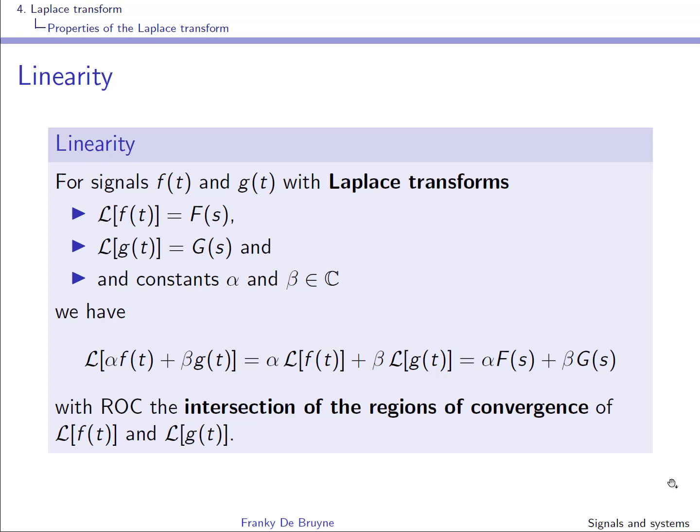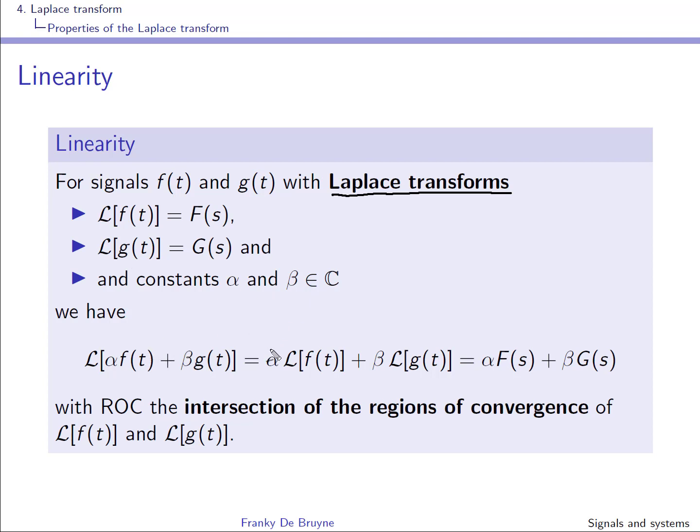Well, let's start with the properties of the Laplace transform, and the first interesting property is that the Laplace transform is a linear transform. So this means that if you know the Laplace transform of f(t), F(s), and the Laplace transform of g(t), G(s), you can also obtain the Laplace transform of a linear combination of f(t) and g(t) with the coefficients alpha, beta, okay?